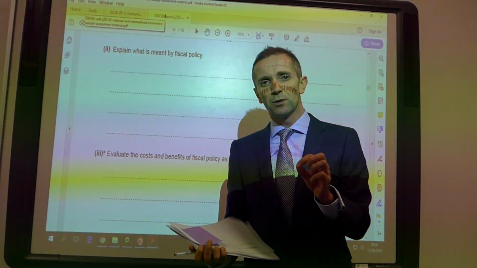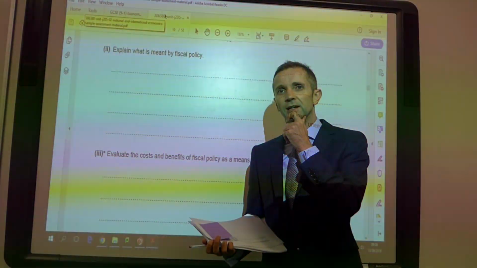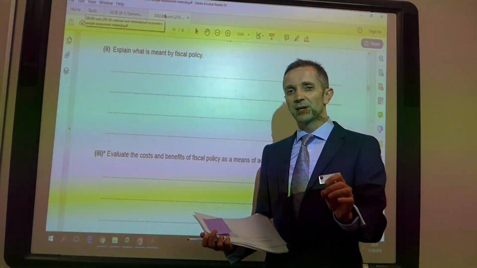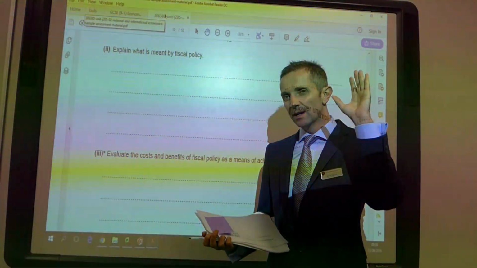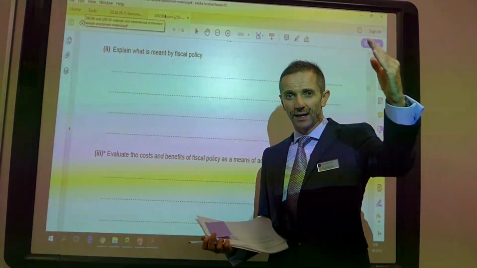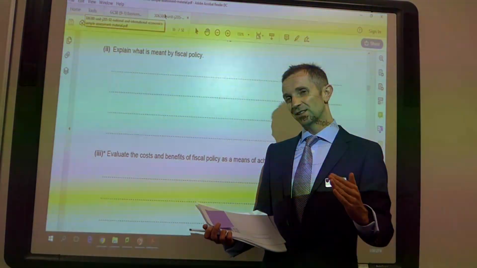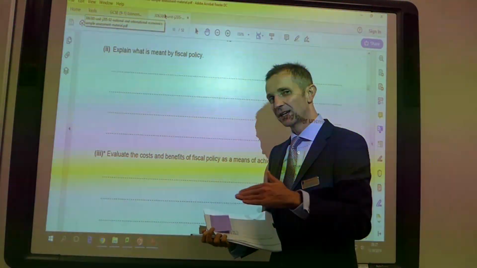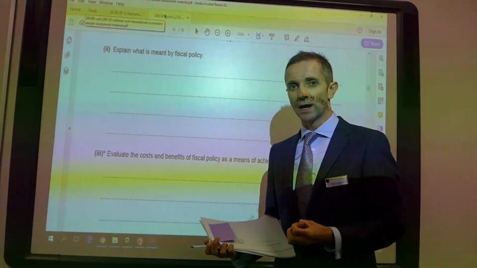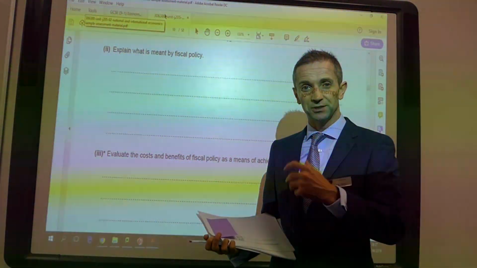It's very important in the new assessment material and the way the new criteria is being applied that you must do at least one two-sided argument. So take a point and then say here's the positive, and then say here's the negative, and hopefully then weigh up as well, come to some sort of reasoned conclusion.